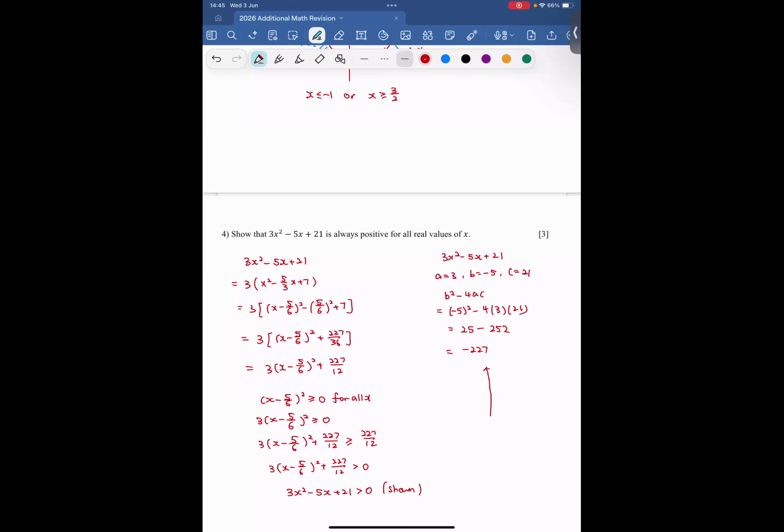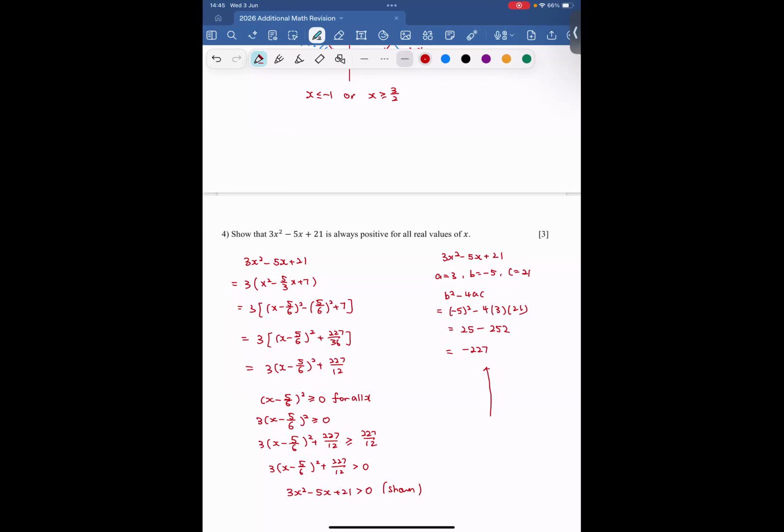Never cutting the x-axis means it could be this or it could be this. So can you see that this means it's always positive because the y value is always positive. Then this means always negative. Okay, only these two scenarios, then you will not cut the x-axis. Now because the coefficient of x squared is also positive, we can say it's always positive.